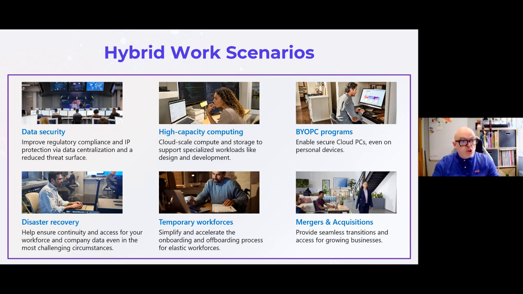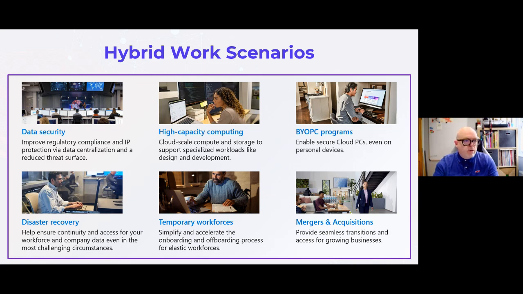So you can stream that to the device, and at the end of the contract or that piece of work, simply take that license away from the end user, recycle it, and move it onto another user on another project. None of the data that's streamed through that cloud PC ever touches the local device.